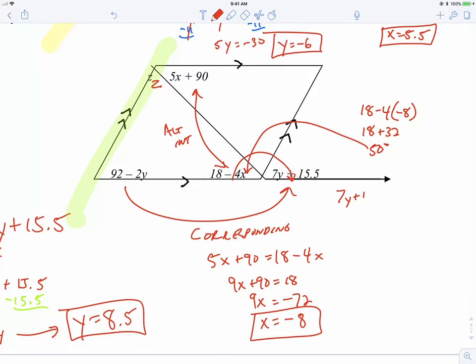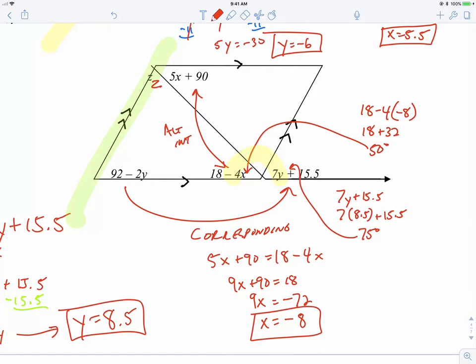7y plus 15.5, that's 7 times y, which is 8.5, plus 15.5. So we got 7 times 8.5 plus 15.5. That's going to be 75 degrees. That's that angle right there. So these three together, like I said, add up to 180.